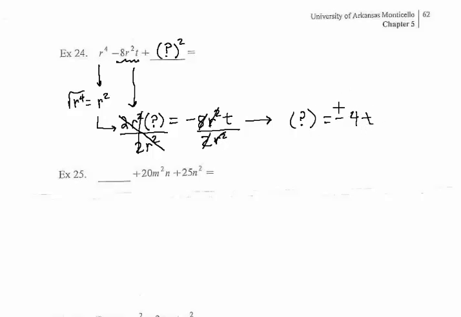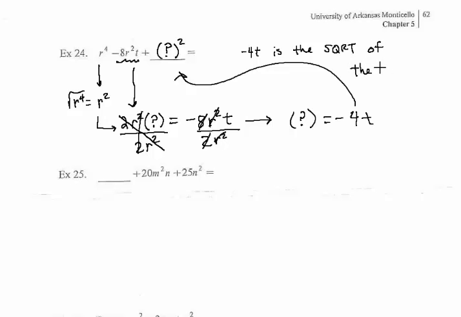And so that tells me that minus 4t is the square root of the third term, that third missing term, in order for this to be a perfect square trinomial.